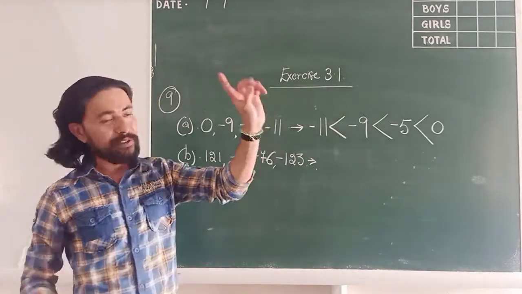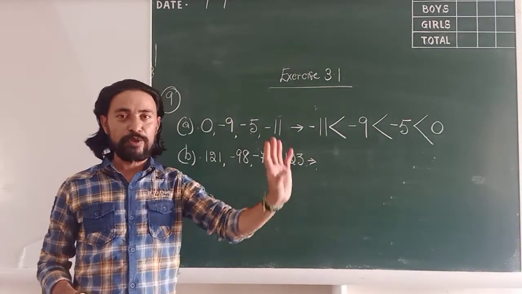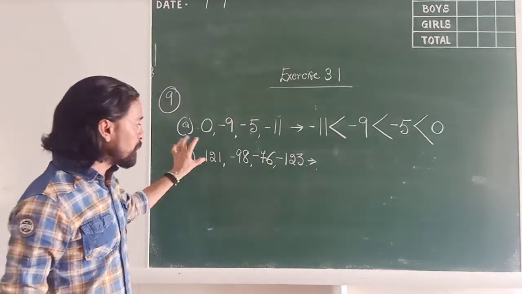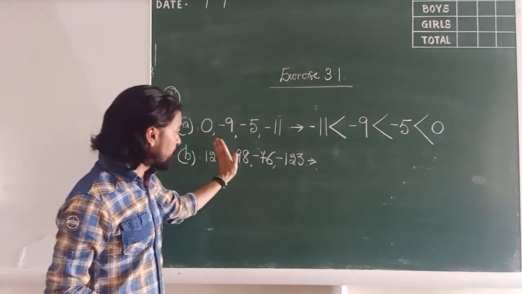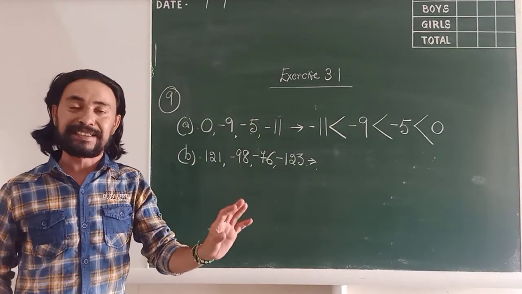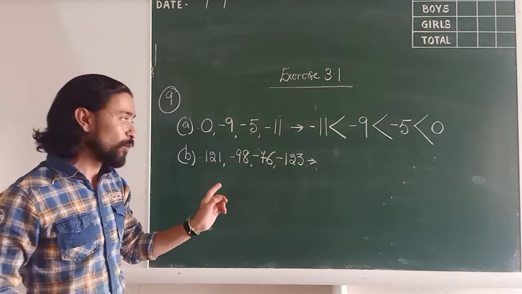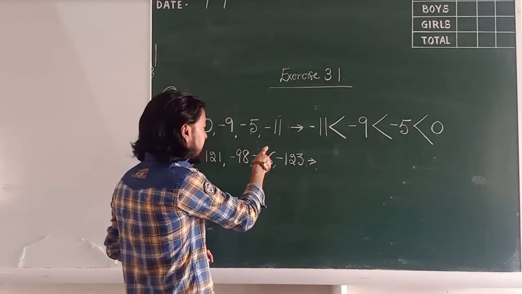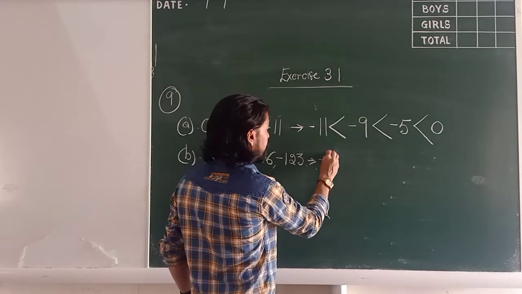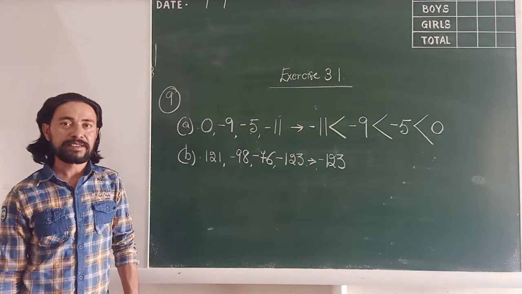So I know 121 will come right at the end because I have to write in increasing order from small to big. Leaving the positive, if you look only at the negative, the smallest amongst all of them will be the number that is the biggest with the negative sign, because the bigger the number, the smaller is its value. So amongst minus 98, minus 76 and minus 123, first will come minus 123, because it is the smallest.